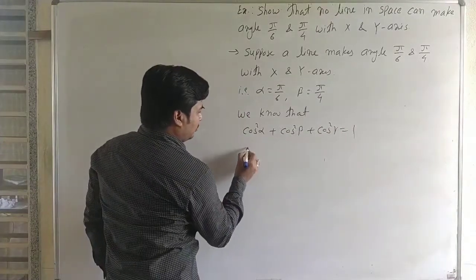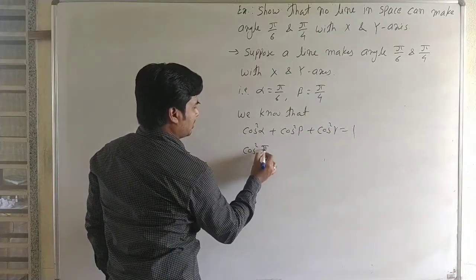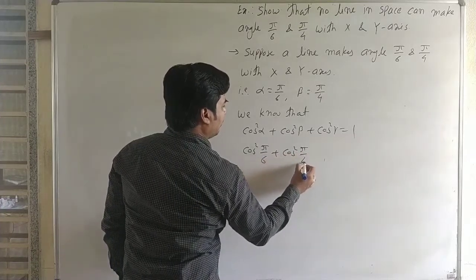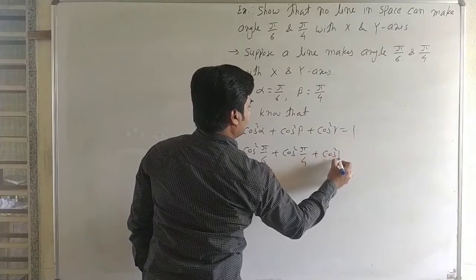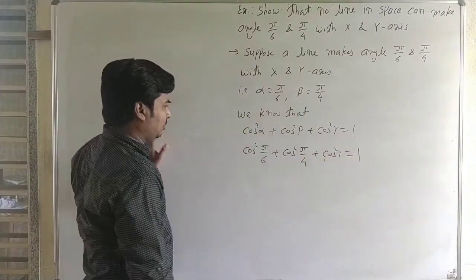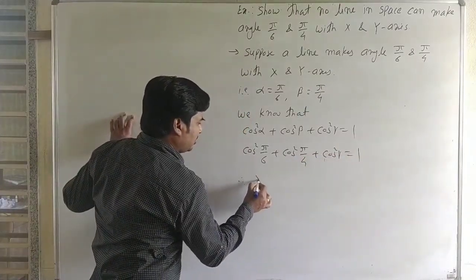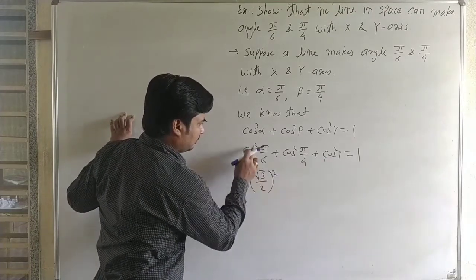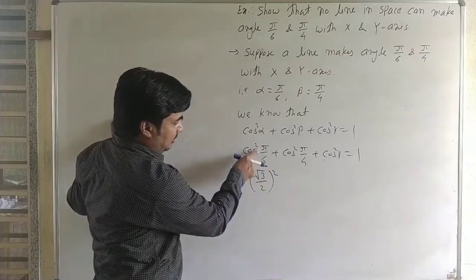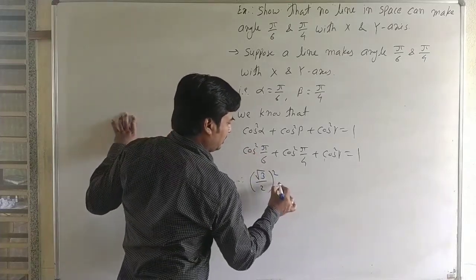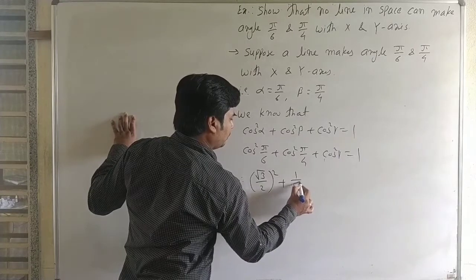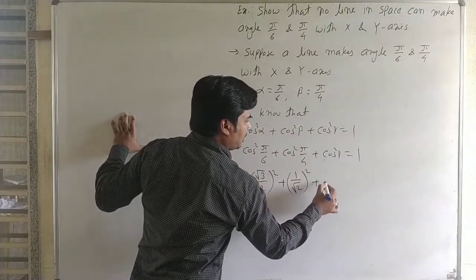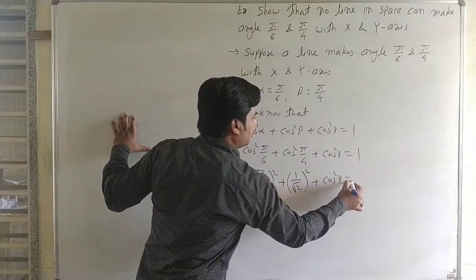Now cos square alpha, it is pi by 6, plus cos square beta, it is pi by 4, and plus cos square gamma is equal to 1. Now cos square pi by 6, it is root 3 by 2 whole square. Okay, cos pi by 6 is root 3 by 2, then plus 1 by root 2 whole square, cos pi by 4, and plus cos square gamma is equal to 1.